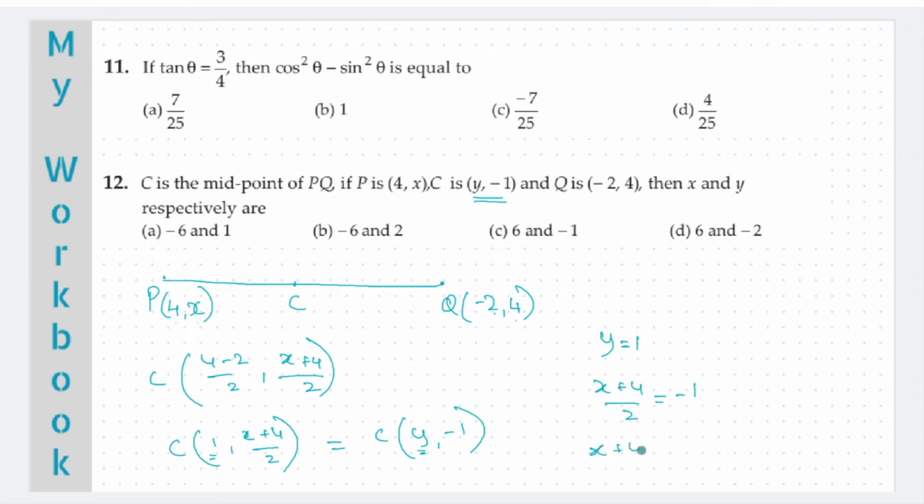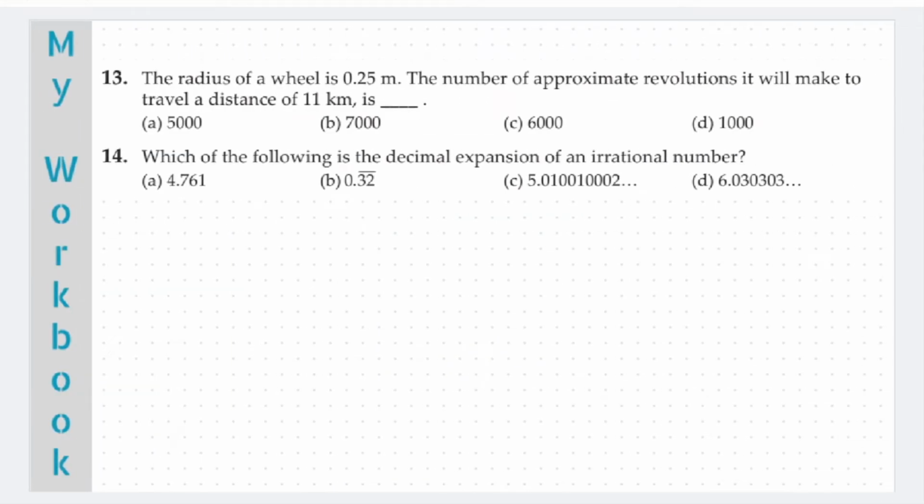Solving, we can get the value of x. So x is minus 6 and y is 1. Option A, minus 6 and 1 is the correct answer. Let's move on to the next slide.